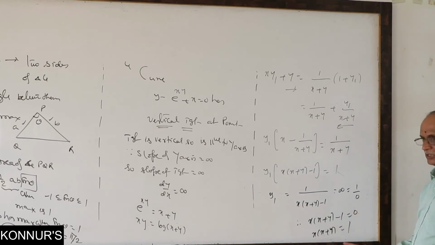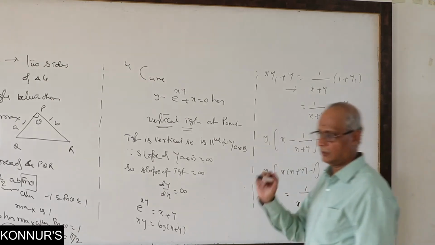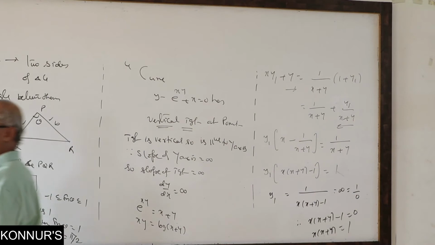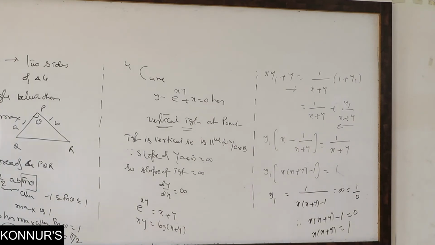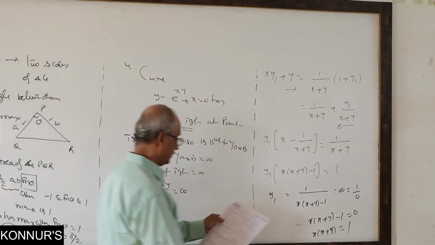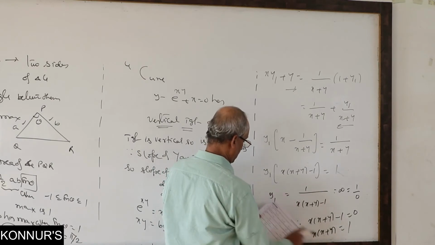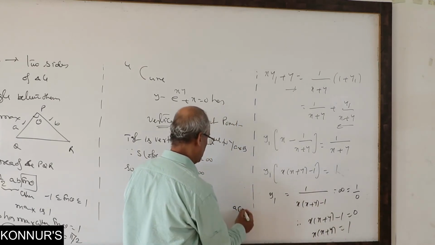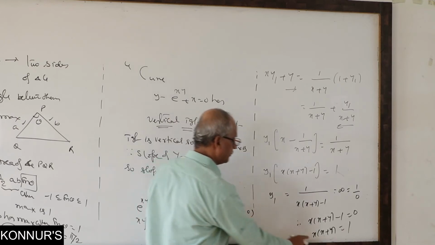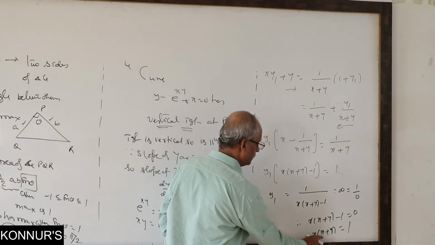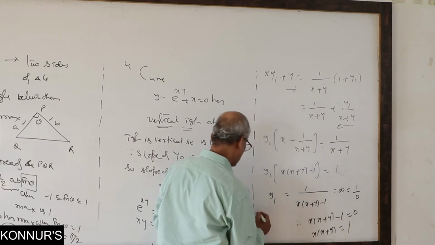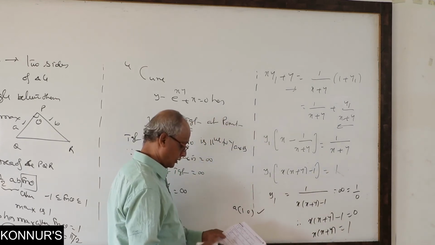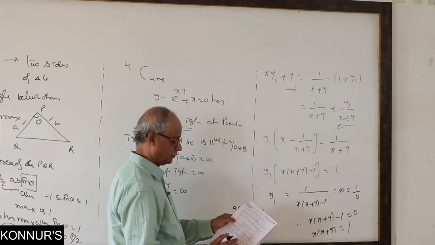Now, instead of solving, you cannot solve it, it is not easy. What do you do? In the options A, B, C, D, which of them will satisfy to get 1? See, the first point, 1 comma 0, is given. With x equal to 1 and y equal to 0, we get 1, correct. The second option has no such point, not correct.